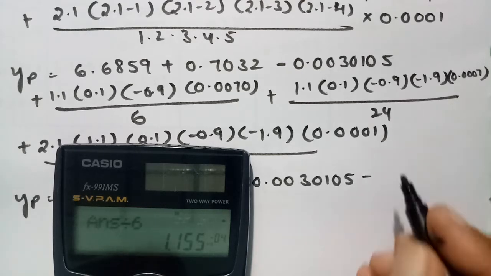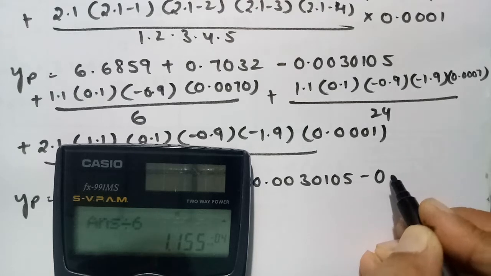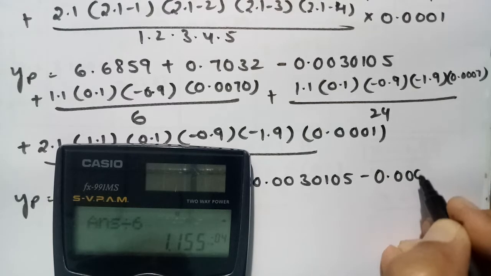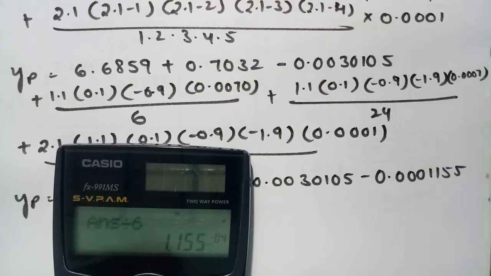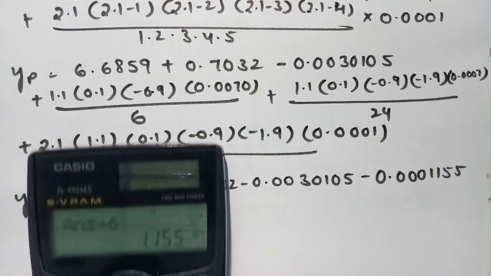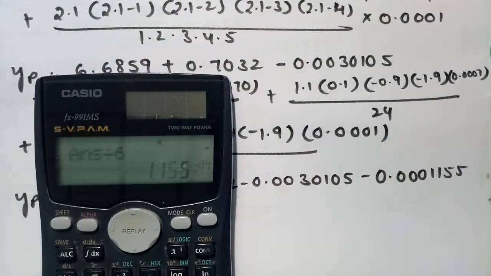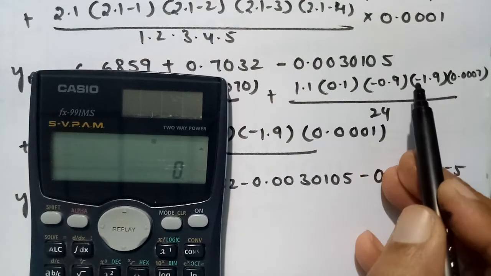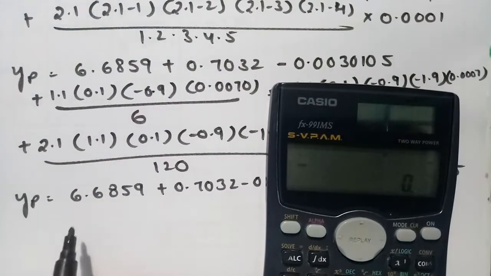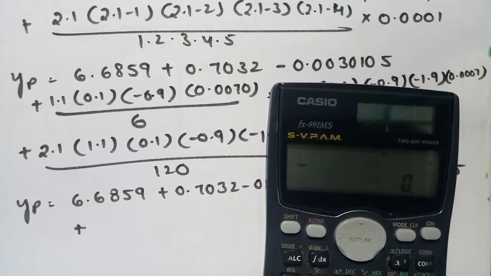The value here is 0.0001155. And the next value I have to calculate here. So there is minus here and minus here, so this value will be plus.